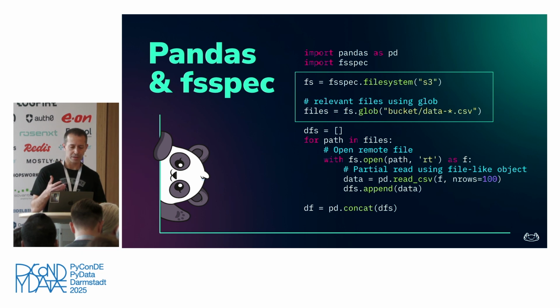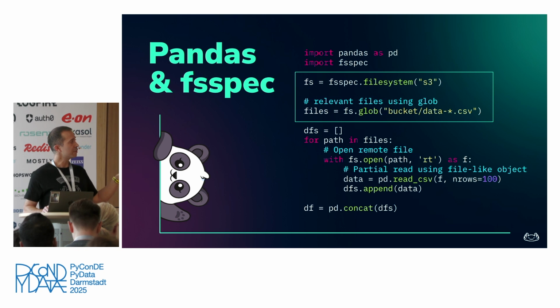We are asking for 100 rows here just for the demo's sake, to read only part of the file. If the CSV file is huge, we will probably be reading only the first part. Although this example hard-codes S3, while we develop this code, we can just write file as the name of the file system, and everything here you can develop and debug locally.